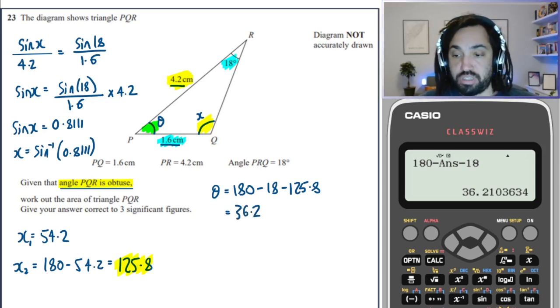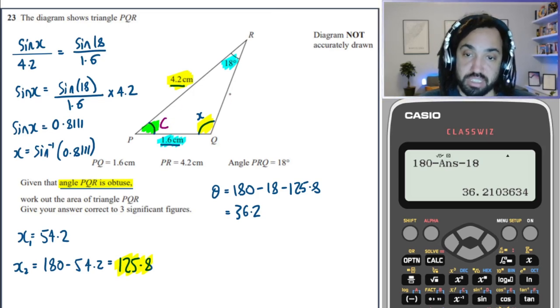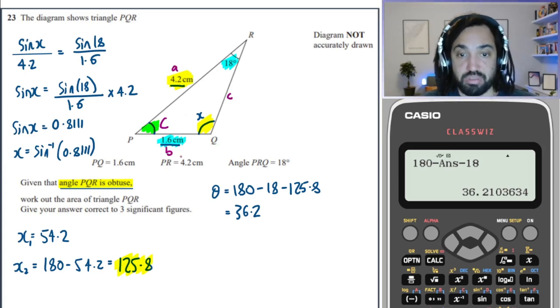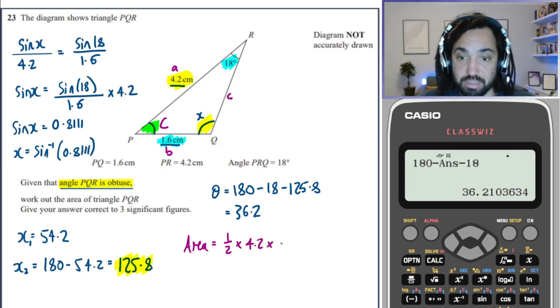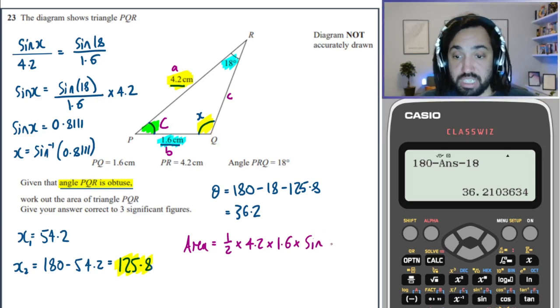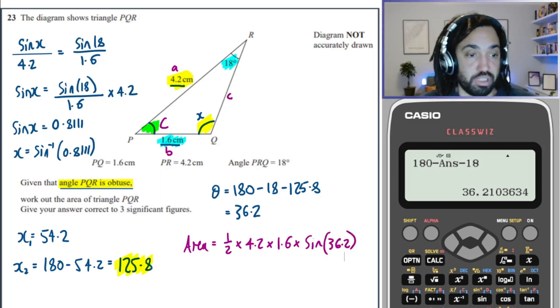And now we can use the area of the triangle formula, because if we relabel and call theta capital C, then this means that this is opposite, that's little c, which means these other two are A and B. So we can say that the area is equal to 1/2 times A times B times sine of the capital C angle, or the green angle, which we worked out was 36.2.